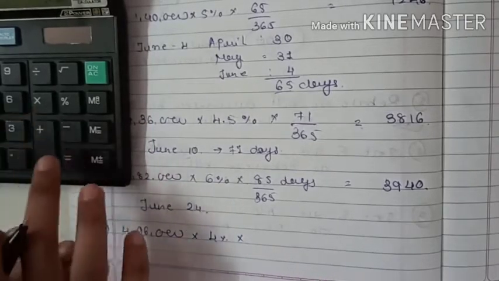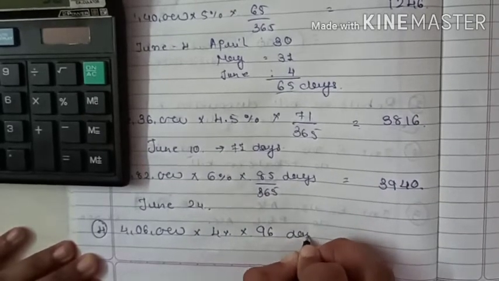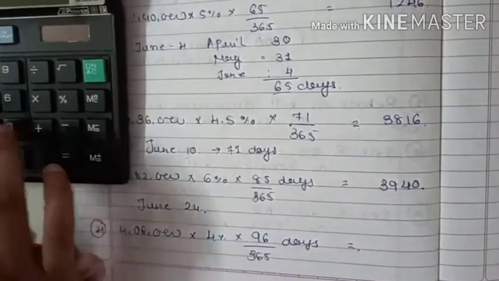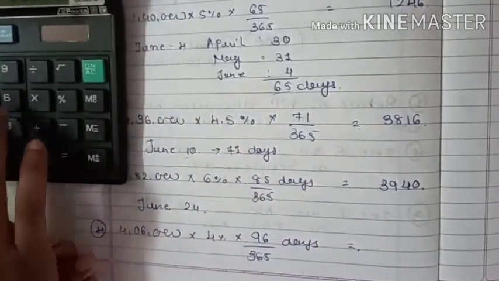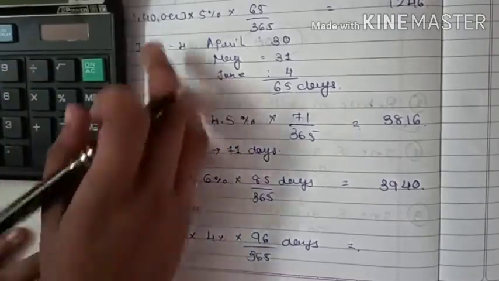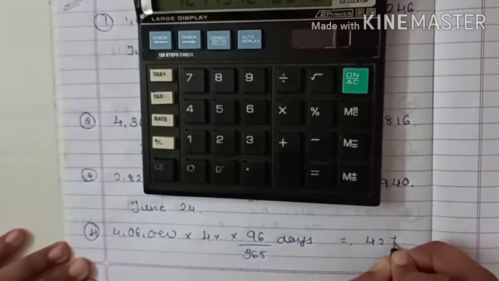So plus 5, it will come to 96 days. 96 days divided by 365. So 4,06,000 into 4% into 96 divided by 365, 4,271.